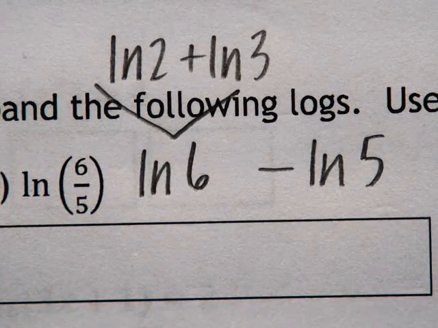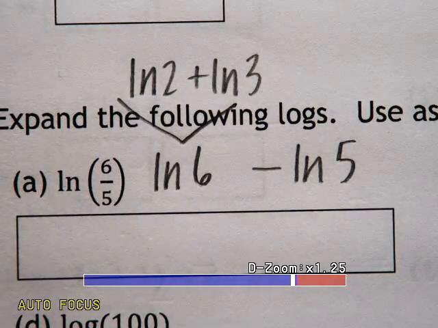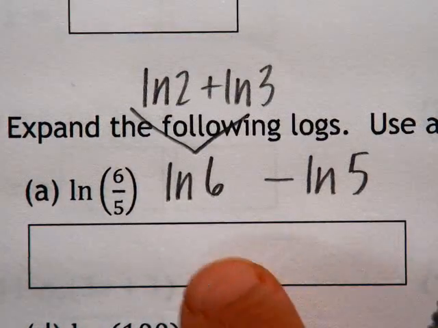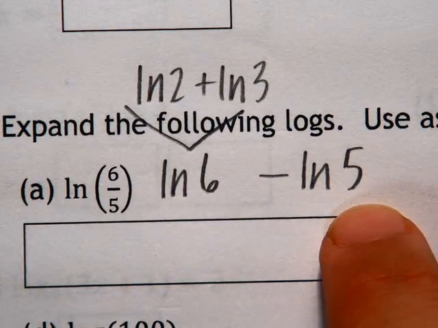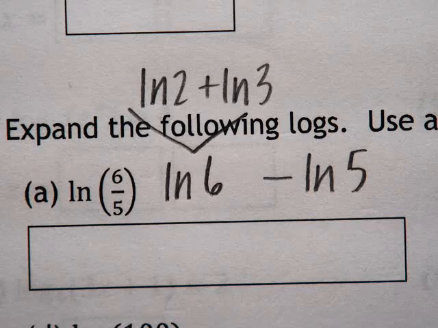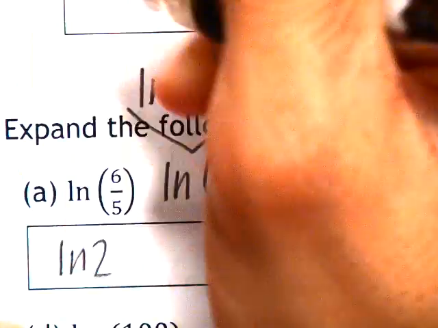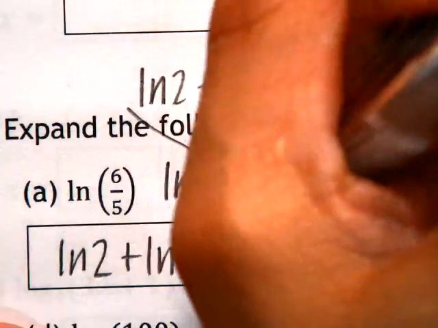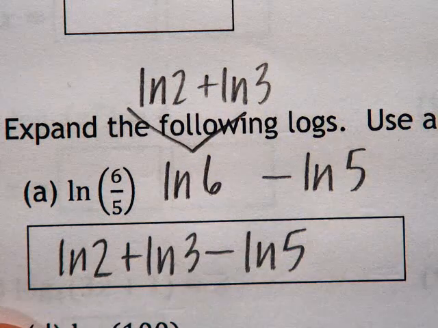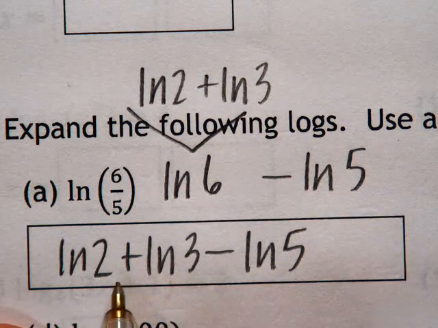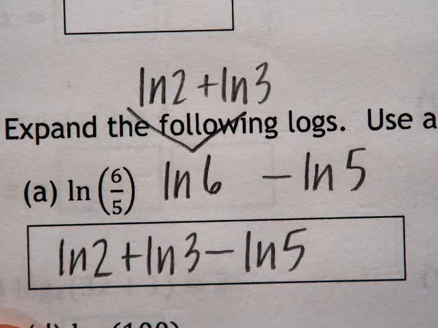So when you're writing your fully expanded answers, it's not like it's wrong to write ln6 minus ln5. That's totally fine. But try to make it a goal to yourself to break down every number as far as you could have. So one example of how to break this one down was ln2 plus ln3 minus ln5. Because 2 times 3 is 6, 6 divided by 5 is 6/5.